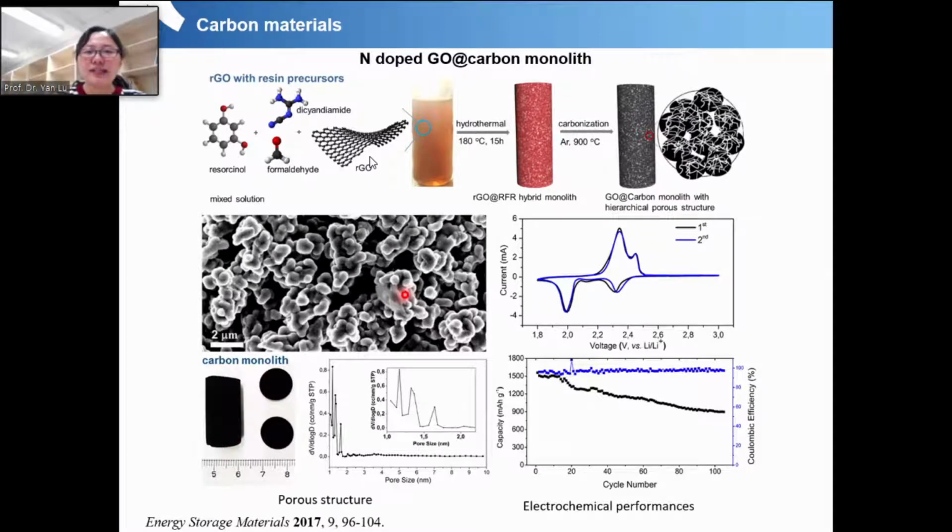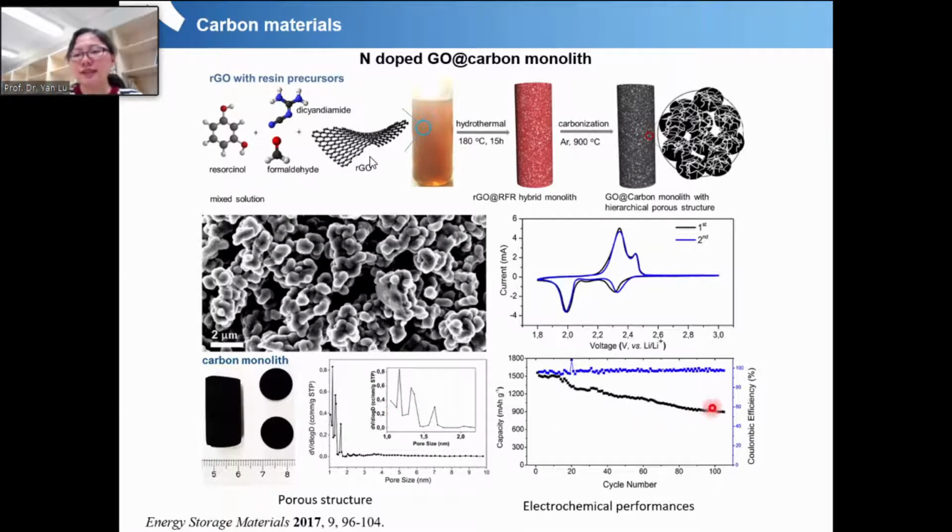From the SEM, you can see they have a spherical structure. And from the nitrogen desorption and adsorption measurement, you can see they have a porous structure, so you have different pores combined in such a carbon monolith.